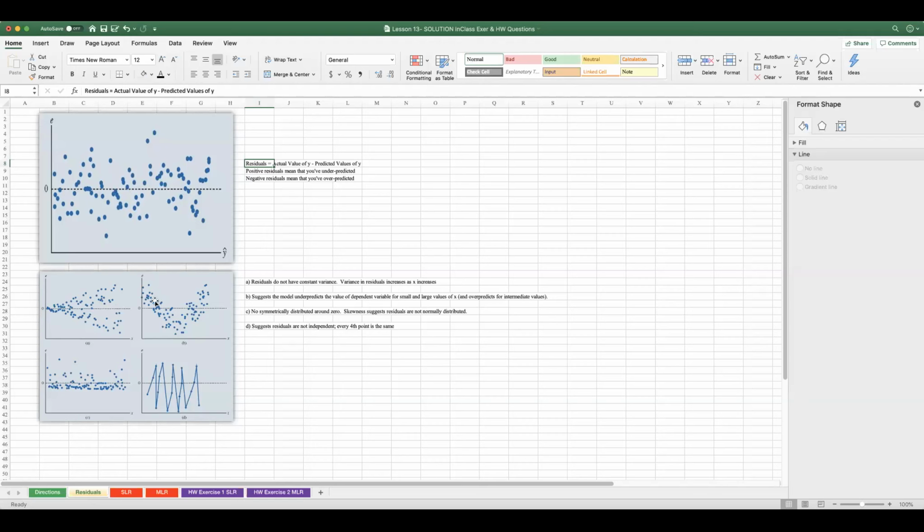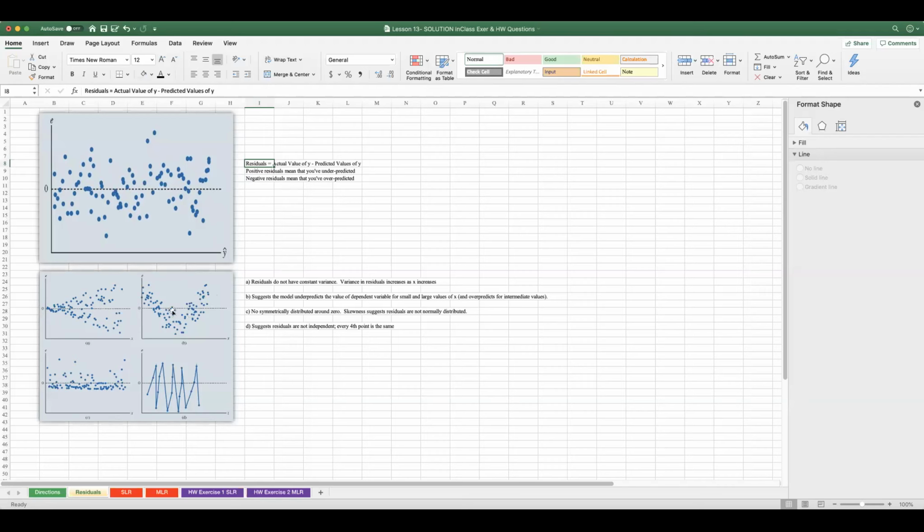And then B, notice you see this V shape here. So this one suggests the model underpredicts the value of the dependent variable for small and large values. So because you're getting positive residuals, that means the actual is greater than predicted. So you're under predicting, right? It's not big enough. So for large and small values, you'd be under predicting.